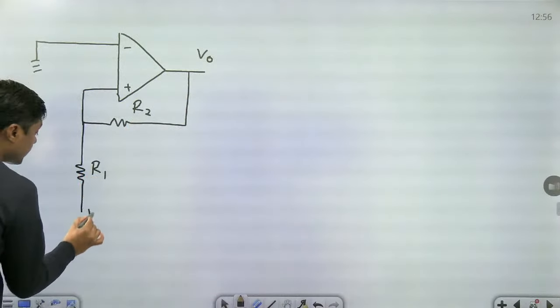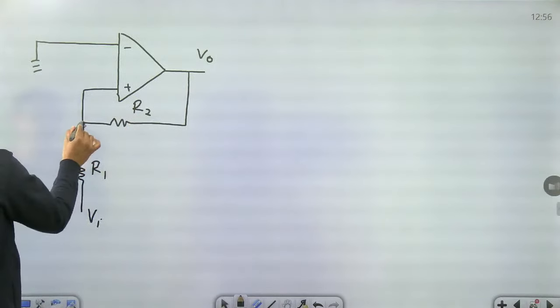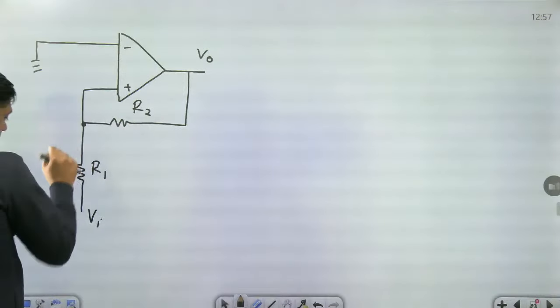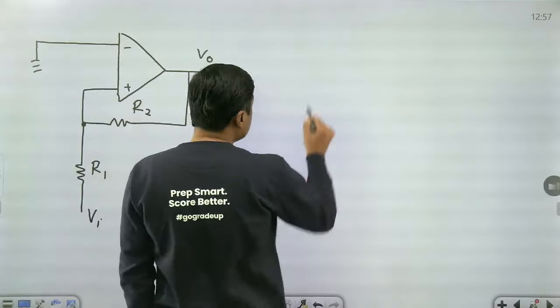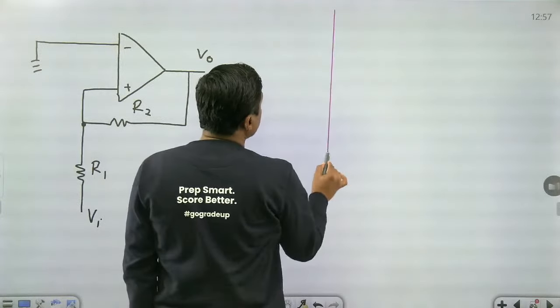Now the input is connected to what? Inverting terminal. Now the input is connected to the non-inverting terminal. Then what about the hysteresis loop? Hysteresis is connected like this.